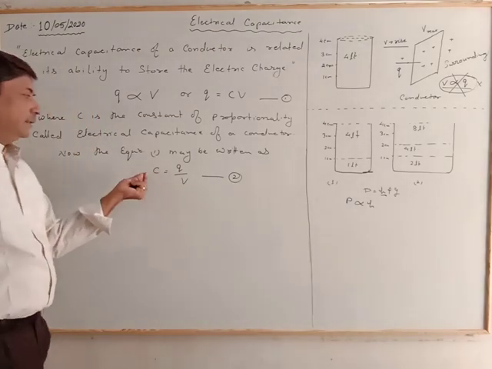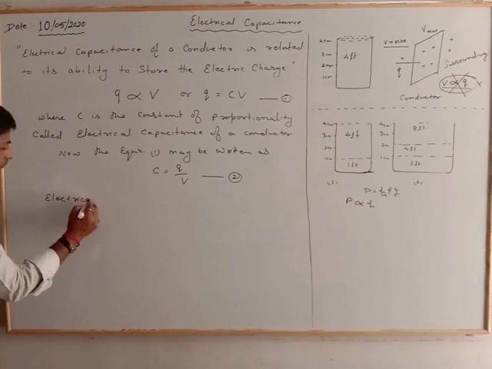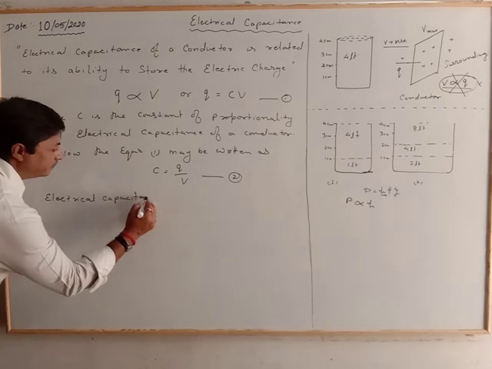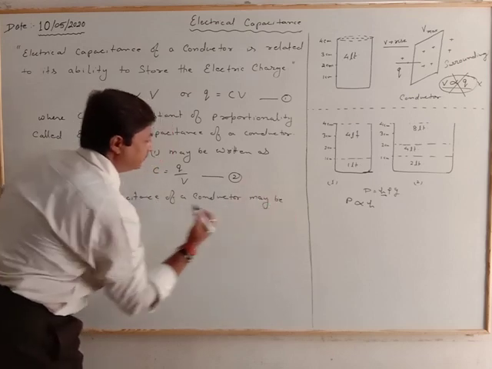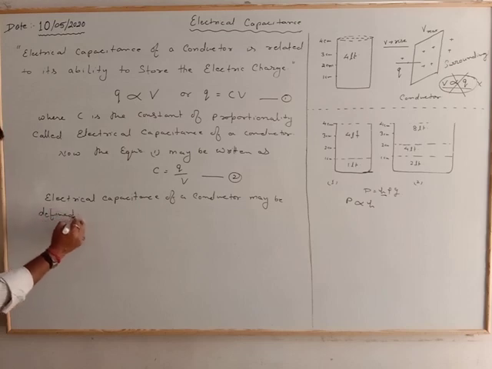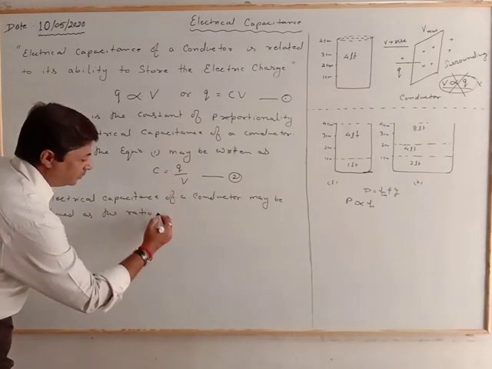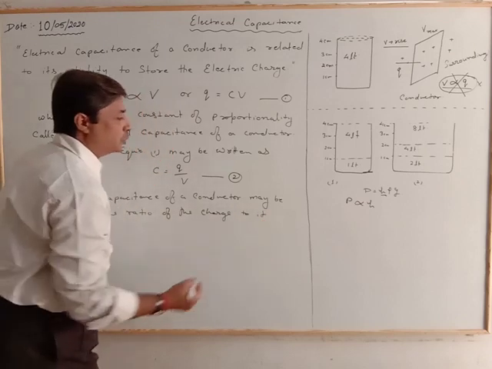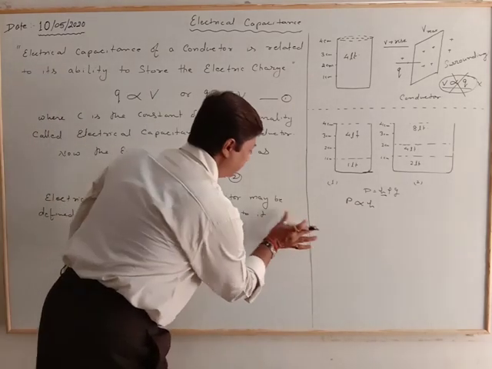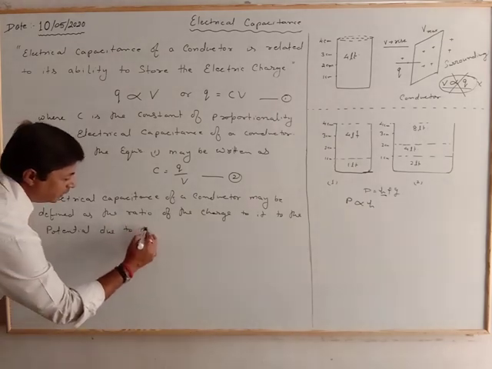We come to the conclusion that the electrical capacitance of a conductor may be defined as the ratio of the charge stored to the potential due to that charge.